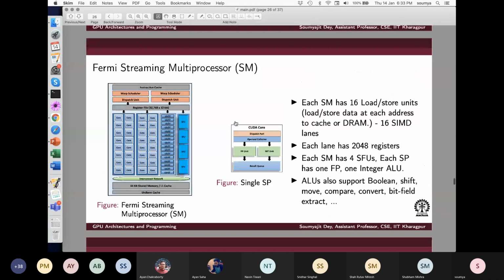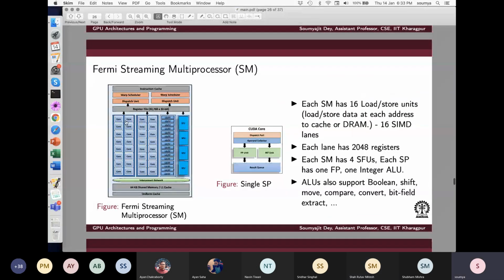We want memory which is private to a core also. So there are two places where you can have memory private to a core: the register file and the global memory. In the global memory, you keep some part which you just call local. It's not really local, but it is local in the sense that it is private to that core. But you will only use it when you have exceeded your quota of registers in the register file.